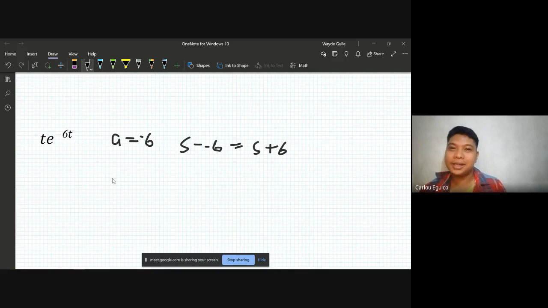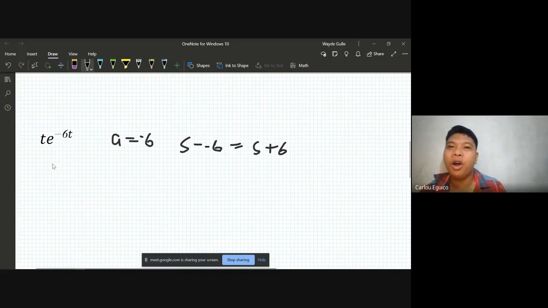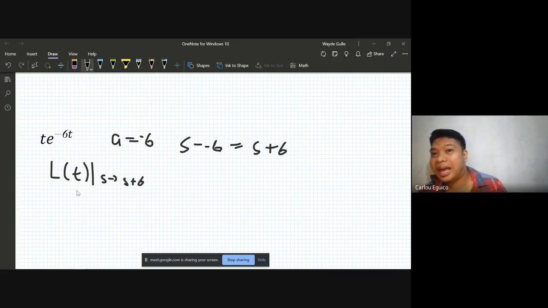So first, we have to get the Laplace transform of t, parallel to s plus 6. So we know where s plus 6 came from. Next we're going to solve for the Laplace transform of t.